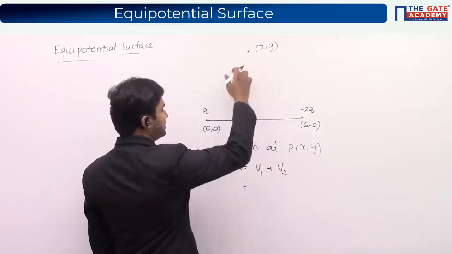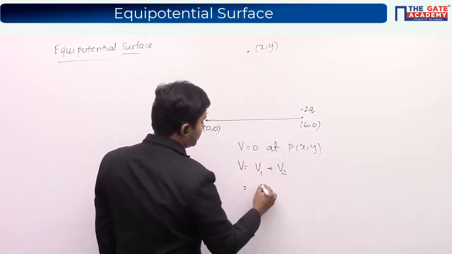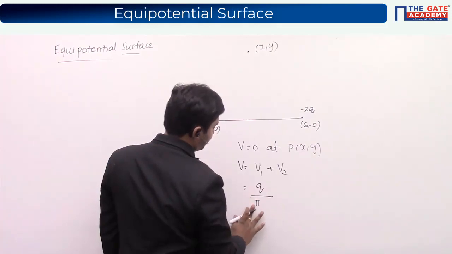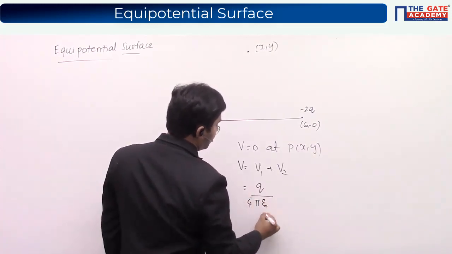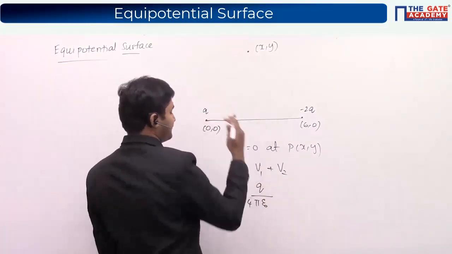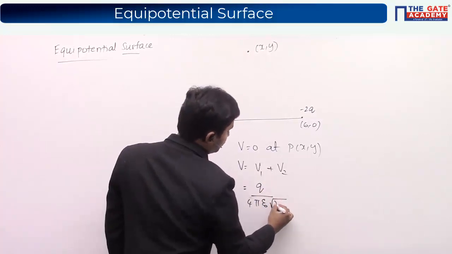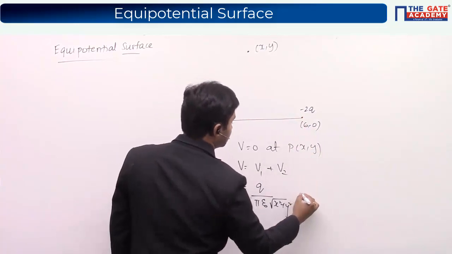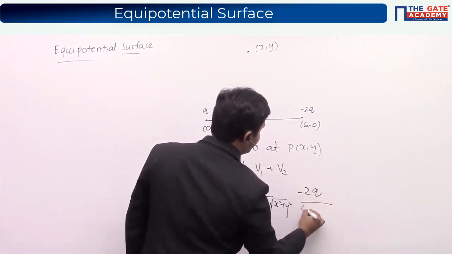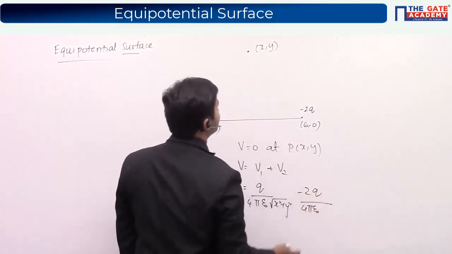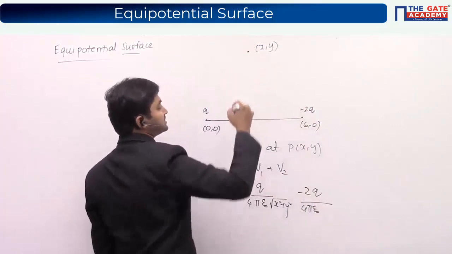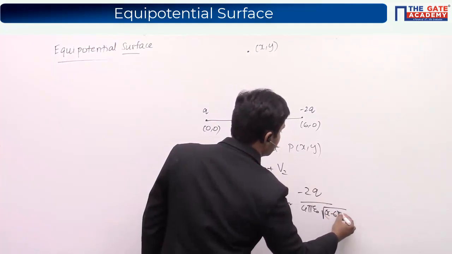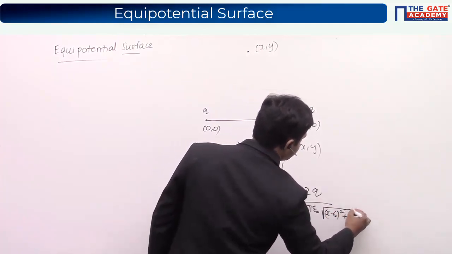The potential contribution because of the first charge is given by Q divided by 4 pi epsilon naught times the distance. The distance is the square root of x square plus y square, and here it is minus 2Q divided by 4 pi epsilon naught times the square root of (x minus 6) whole square plus y square.